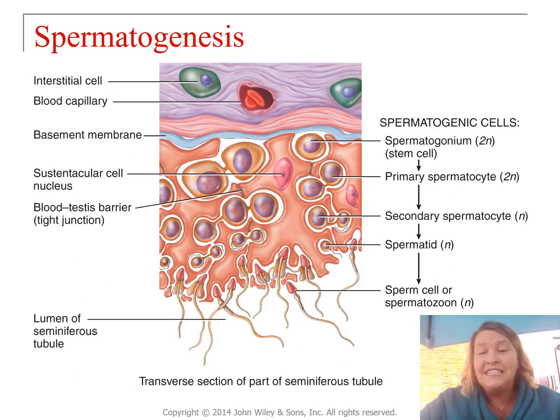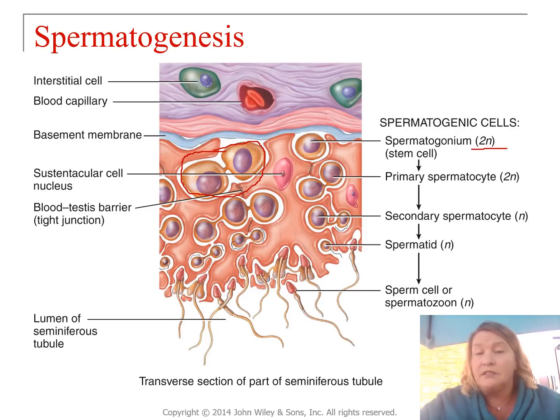Okay, so this is the slide that actually shows you the pictures and how it works. We start out with the spermatogonium, right? That's the stem cell. It's 2N, meaning 46 chromosomes. And it divides, and one of the cells goes off. You can see in this area, one of the cells goes off to become another stem cell.